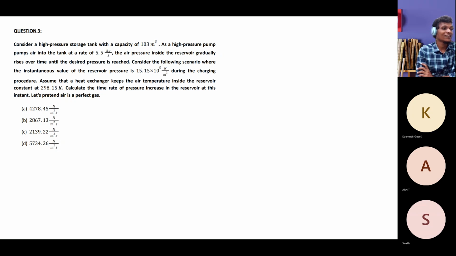Okay. So let's have a short discussion on that, and look at how to frame this question step by step. You have a high pressure storage tank that you are feeding air into. Let me draw the diagram of it.